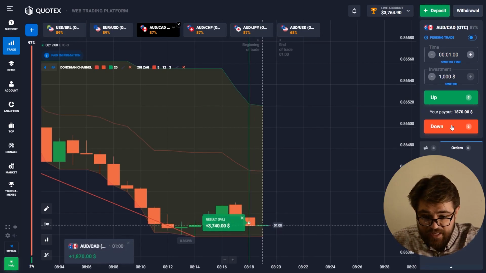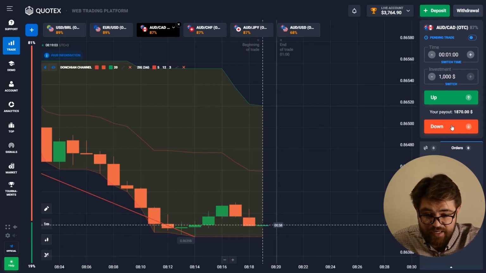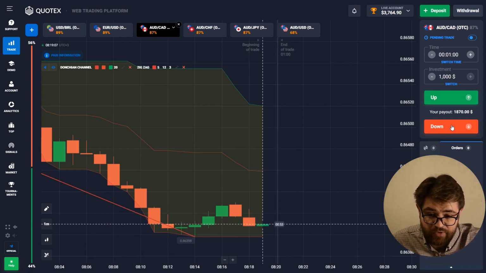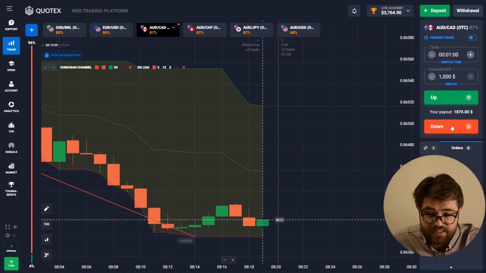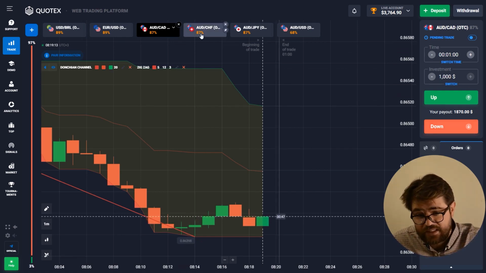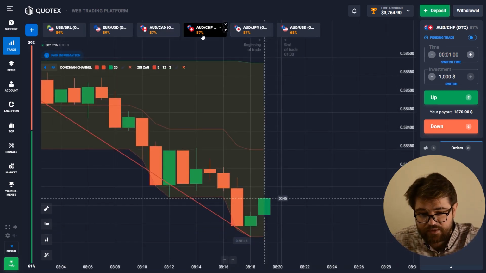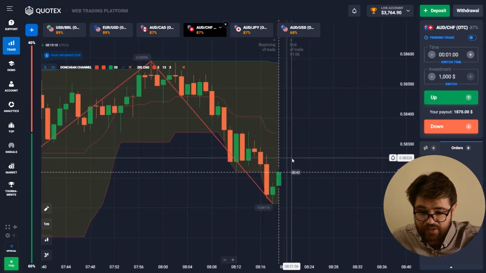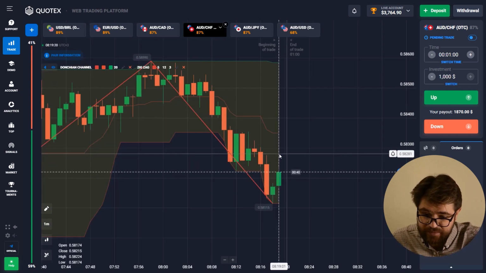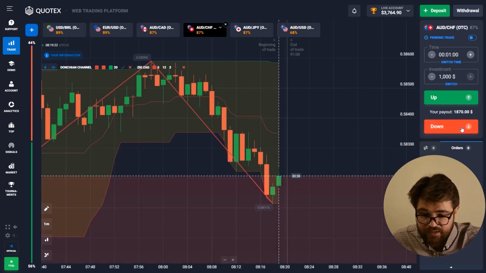We have $3,000 already here, and the total amount is $3,764. So this is how the compound percentage works, by using the entirety of our balance, or our freshly made balance. We can get some good amounts.